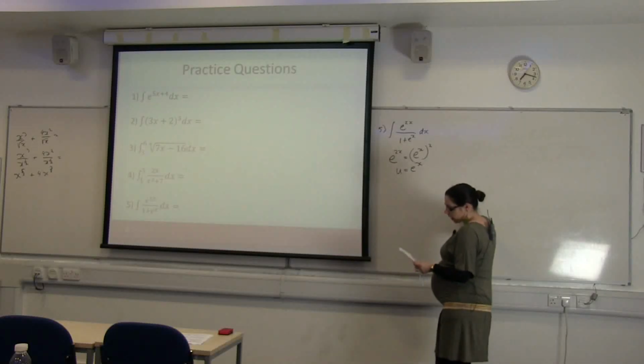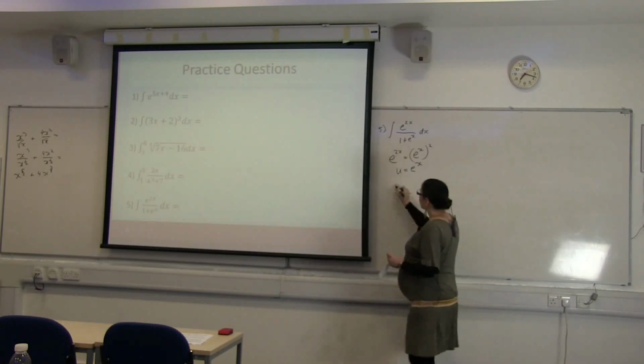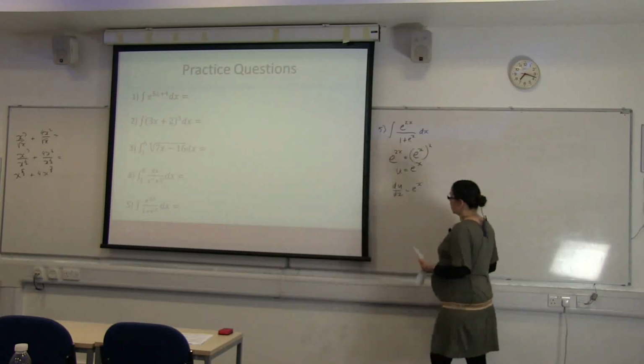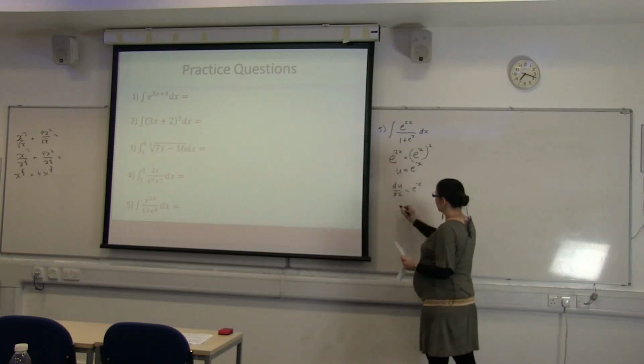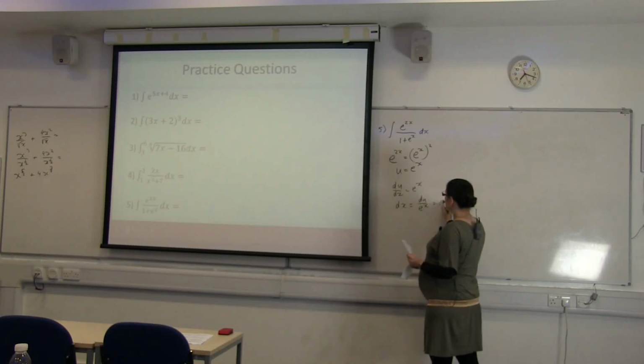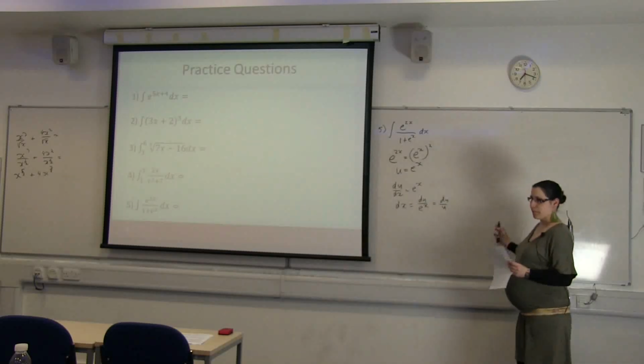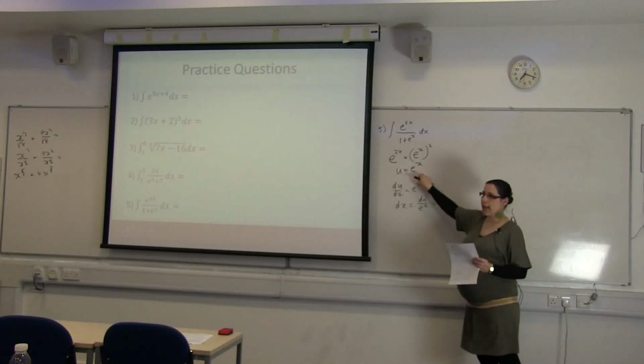So now, if I chose u to be e to the x, then du/dx is e to the x. So dx will be du over e to the x, but that is du over u, because I've chosen u to be e to the x.